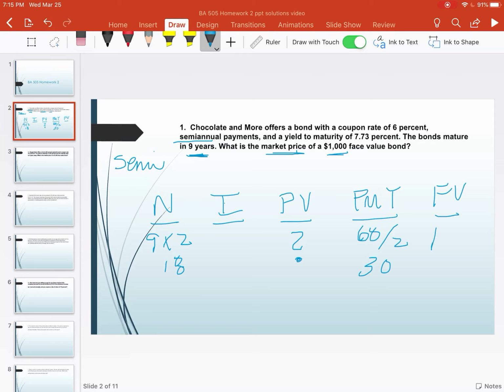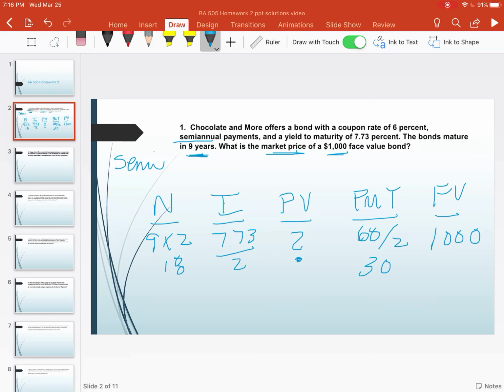Our future value is $1,000. And our interest rate, these bonds are priced to yield to maturity of 7.73%, okay? So again, because it's semi-annual, we're going to divide this by 2, okay?